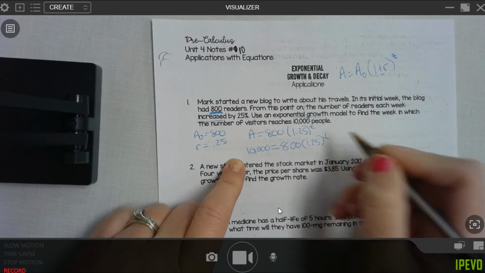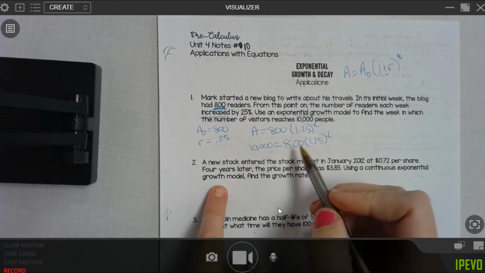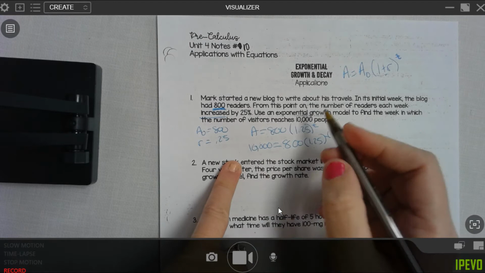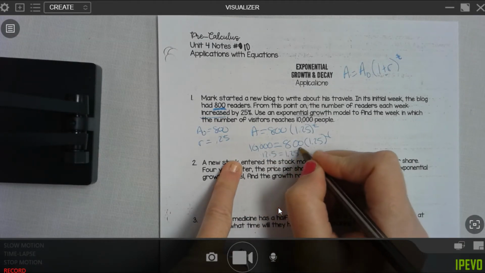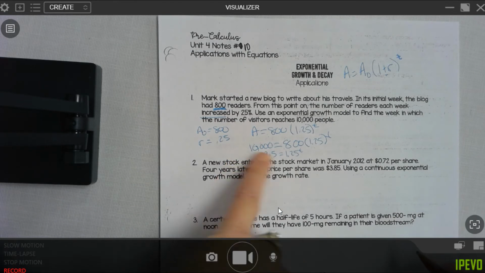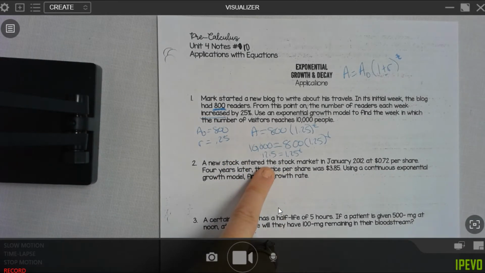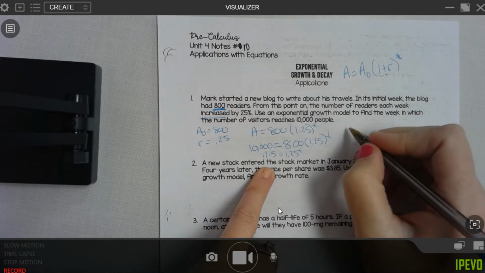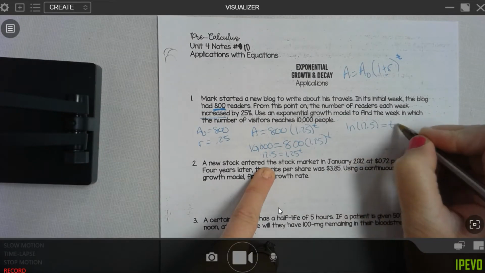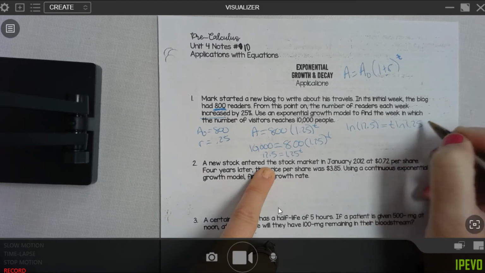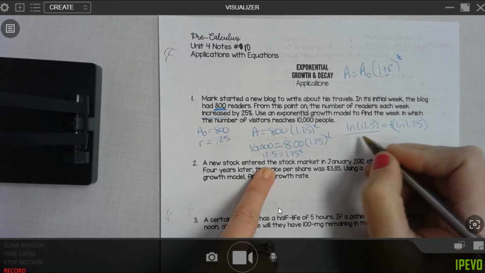And now we're just going to solve this. We're going to use the properties that we just did yesterday. So my first step is to divide both sides by 800. And now I'm going to natural log both sides. You can log both sides if you want, whatever. And then divide.